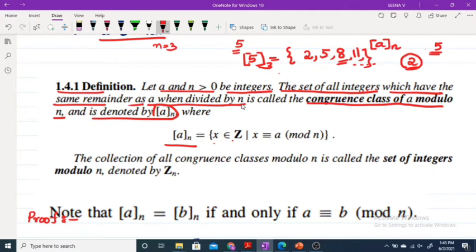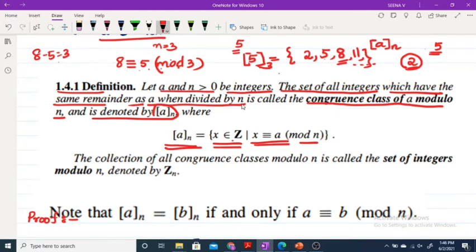So by definition, the congruence class of a modulo n is equal to the set of all x belonging to the set of integers such that x is congruent to a modulo n. Here if you consider this set, clearly 8 is congruent to 5 mod 3, because 8 minus 5 equals 3 and 3 is divisible by 3.